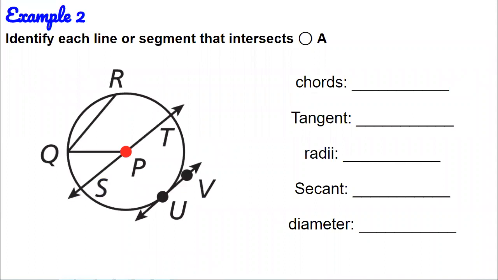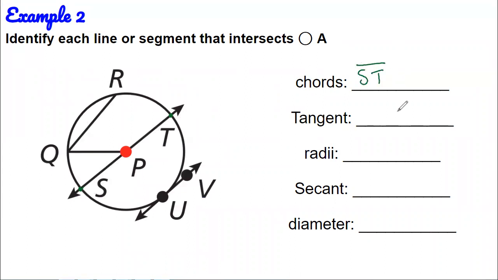So for the first one, go ahead and give me one chord. Which one? ST, endpoint here, and a line that goes through it. Awesome. ST, more specific, line or segment? Segment, there you go.